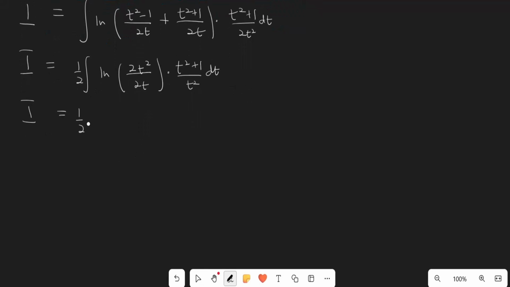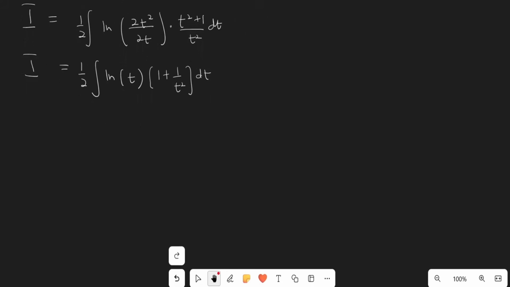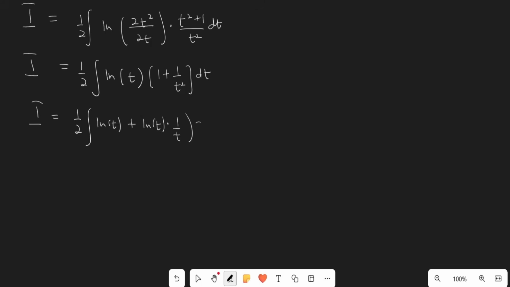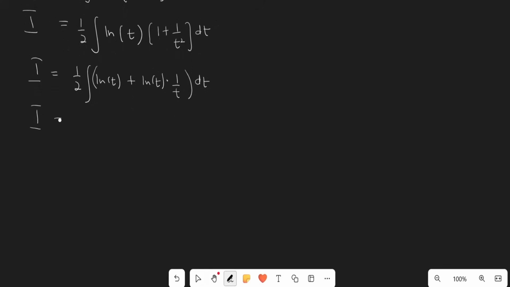This is 1/2 the integral of the ln of t, since 2t squared over 2t is t, times 1 plus 1 over t squared dt. That is simplifying this. Alright, so I am now going to distribute the ln of t, so that is the integral of the ln of t plus the ln of t multiplied by 1 over t squared, all dt. And now let's split this integral into two different integrals.